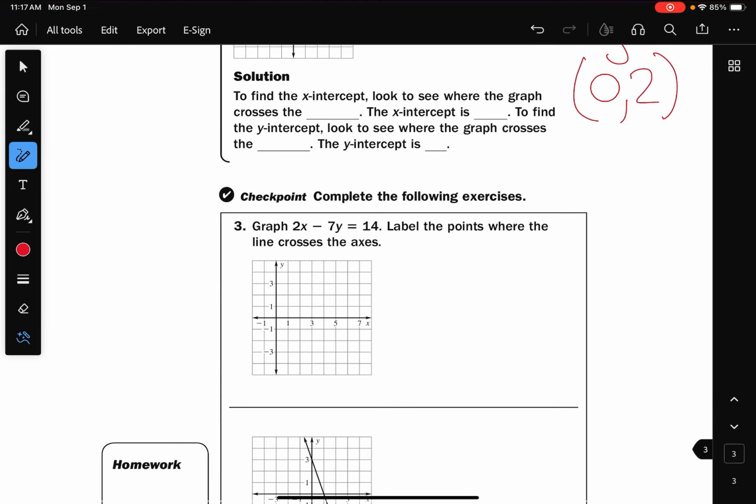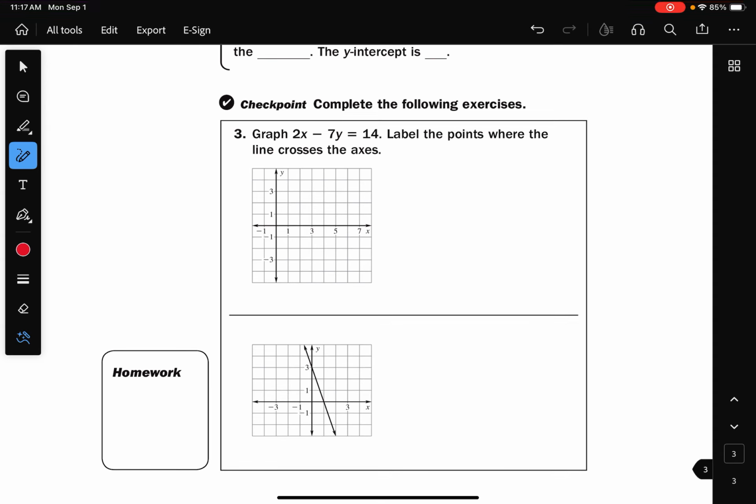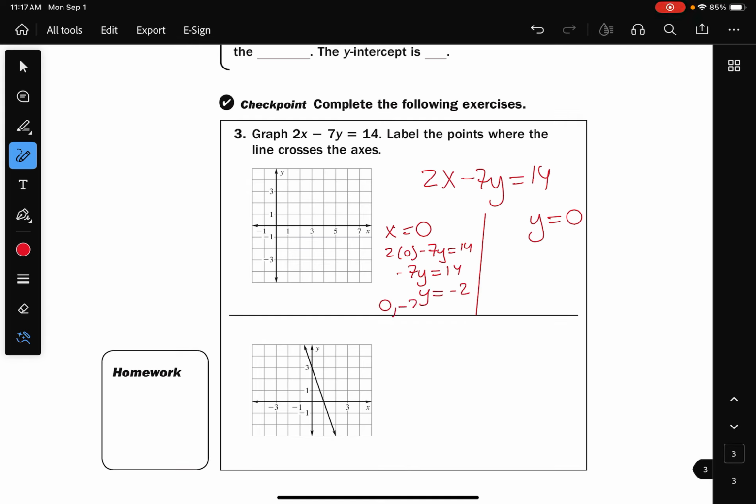Very good. So here we have graph 2x minus 7y equals 14. We're going to plug in x equals 0. We're going to plug in y equals 0. So 2 times 0, because we don't skip steps. If we skip steps, we're going to forget negatives. We end up getting y equals -2. So I'm at 0, -2.